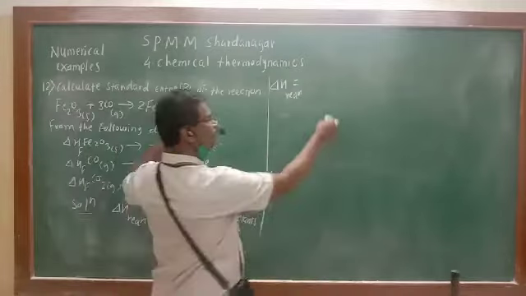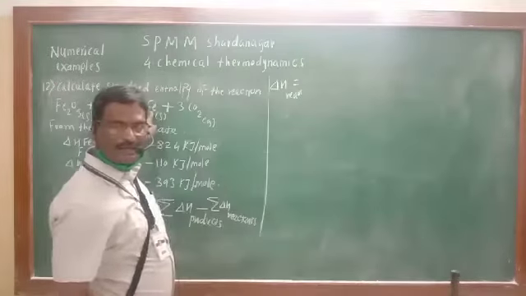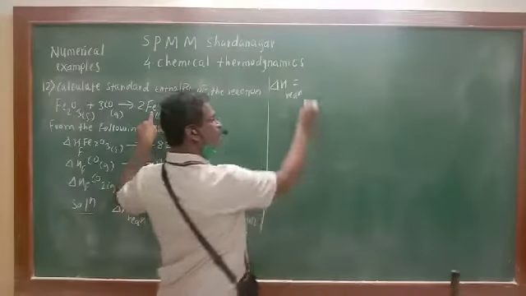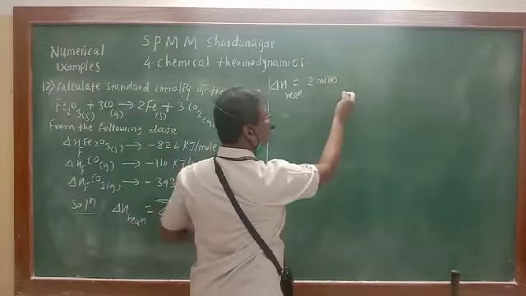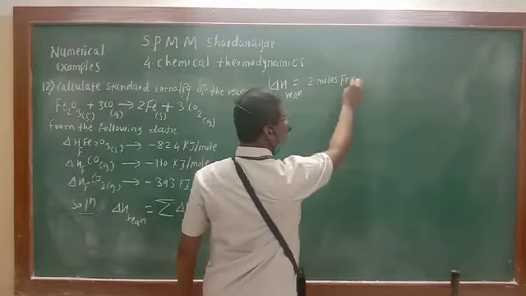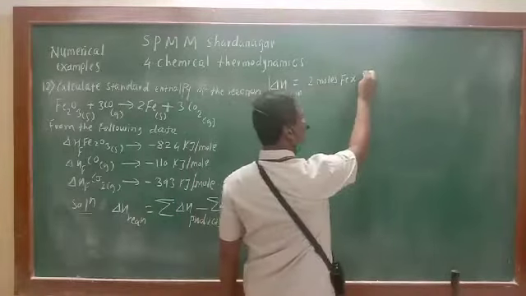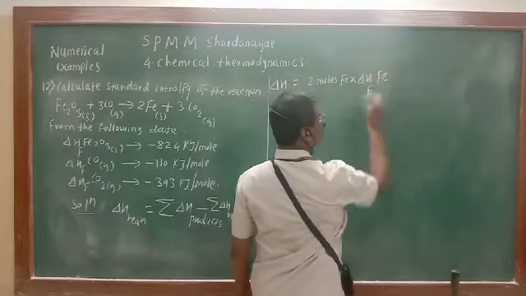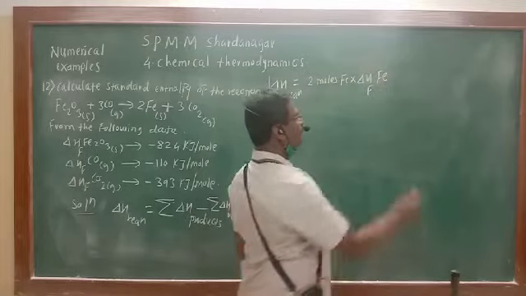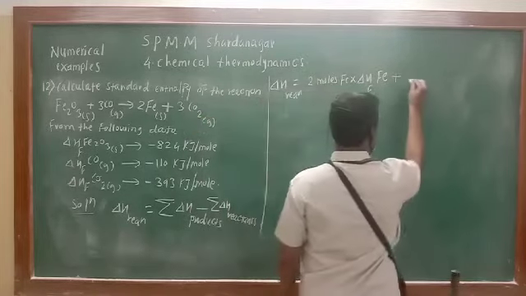So here, how many moles of Fe are there? 2 moles. 2 moles of Fe multiplied by enthalpy of formation of Fe, plus how many moles of CO2? 3.